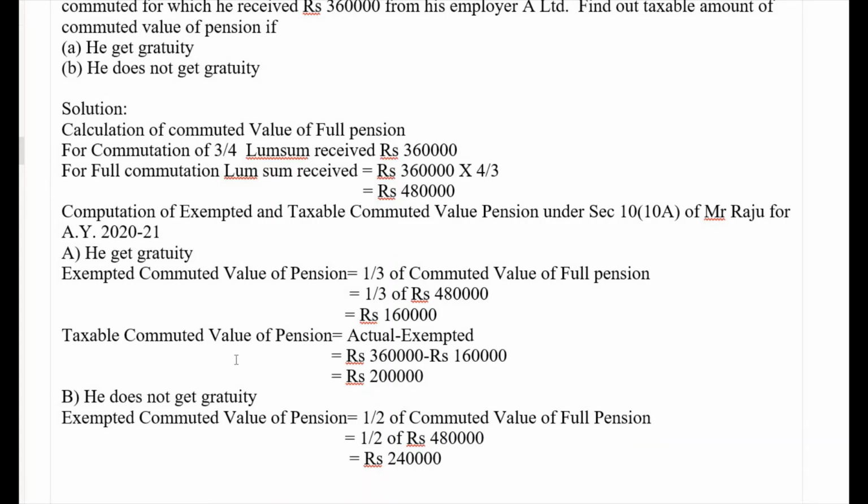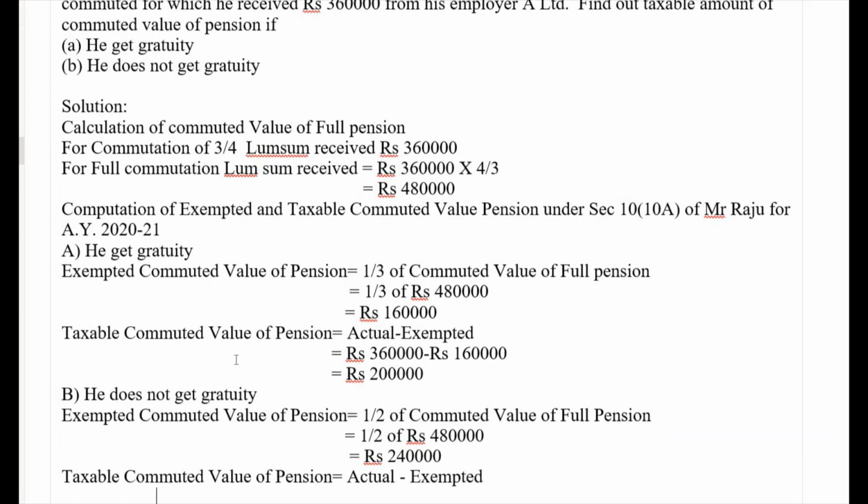So therefore, taxable commuted value of pension equals actual minus exempted.